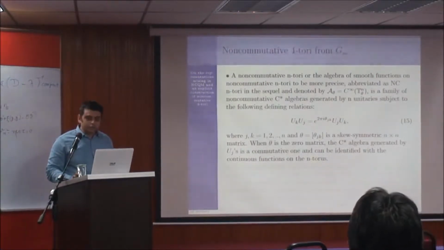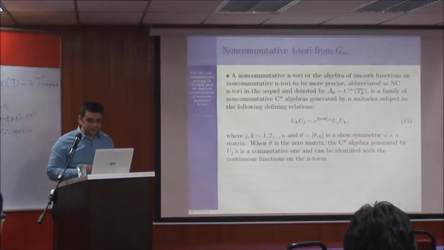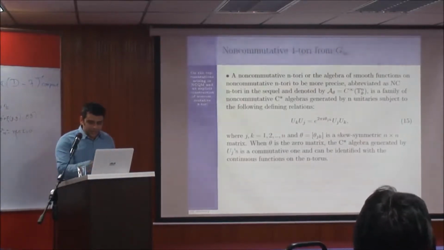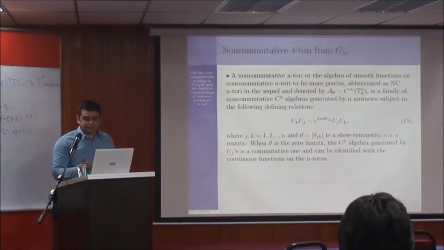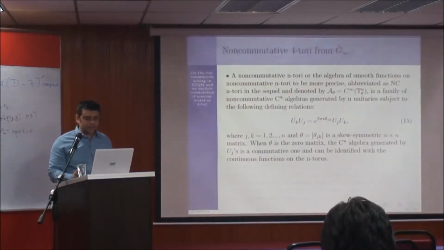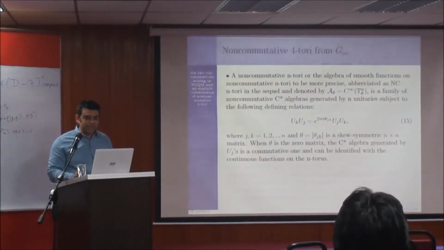So theta is this skew-symmetric n by n matrix, and theta jk are entries of that matrix. And when theta is the zero matrix, as I said, it is just the C-star algebra generated by the U_j's, which is commutative, and can be identified with the continuous functions on the n torus, in the classical limit.